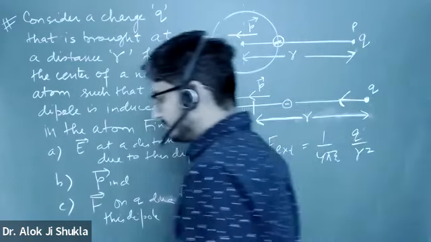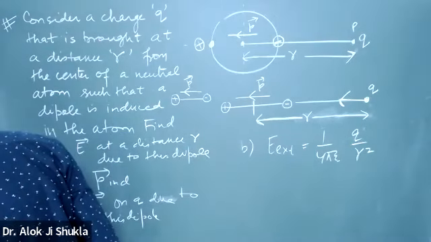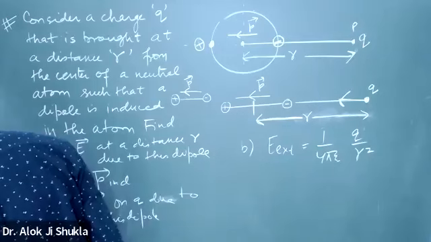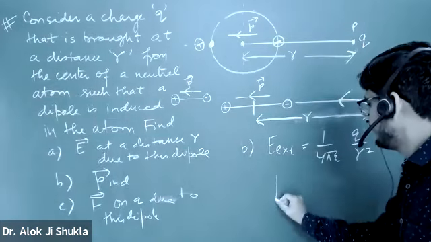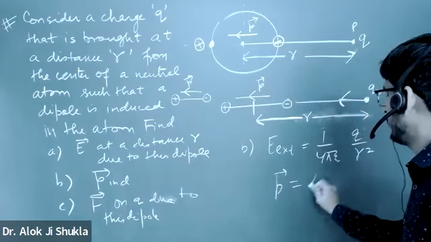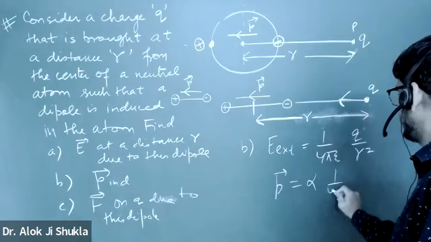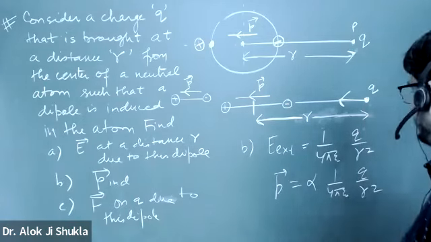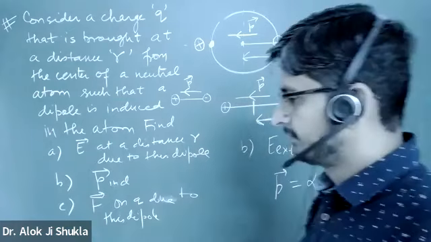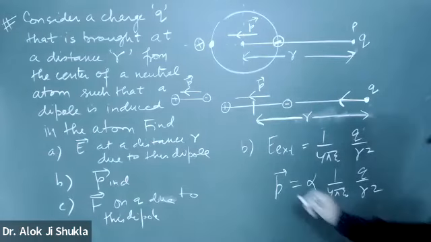This is the field. Okay. So what is P? P is equal to alpha into E, which is 1/4 pi epsilon naught q by r square. So this is the dipole moment.